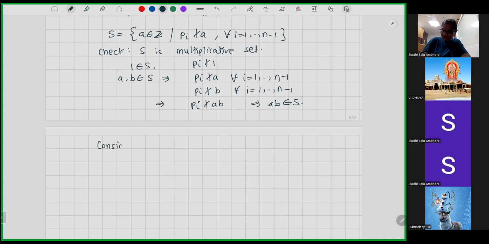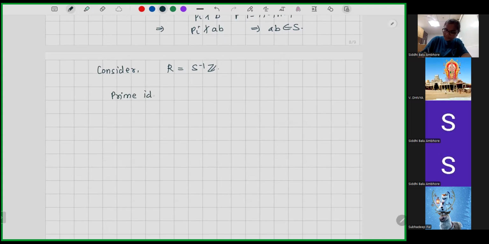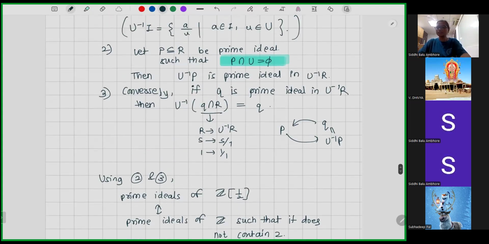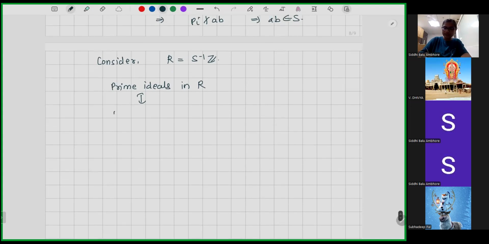So now we consider this ring R, S inverse Z. And what are the prime ideals here? Again, as we said, the prime ideals in R are the prime ideals P in Z such that P intersection this S is empty.